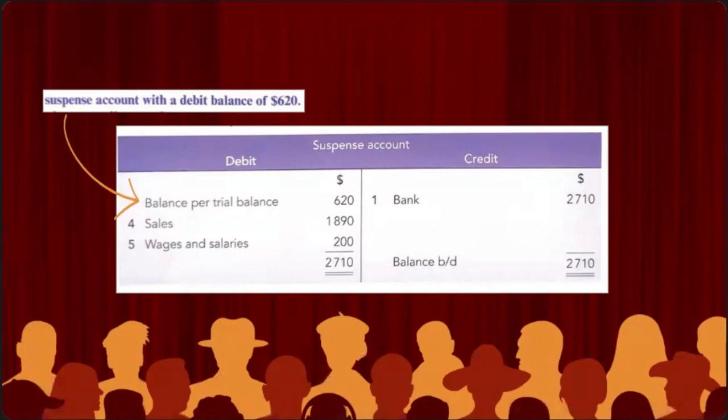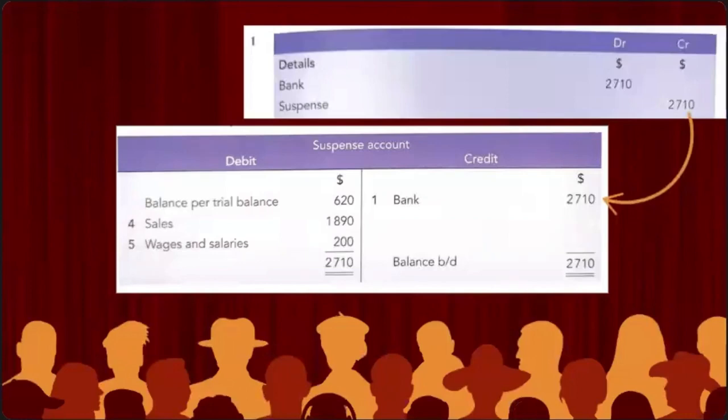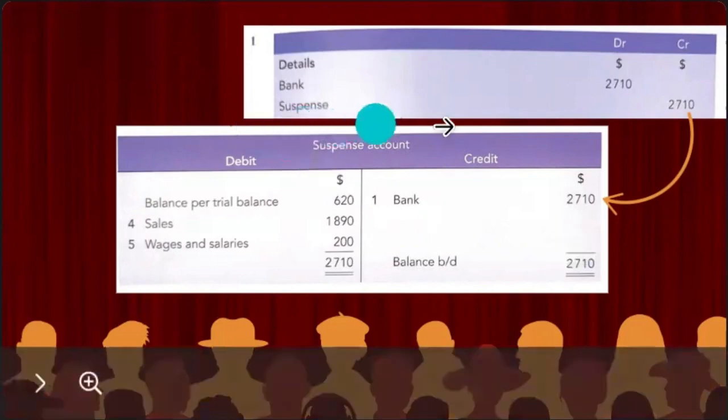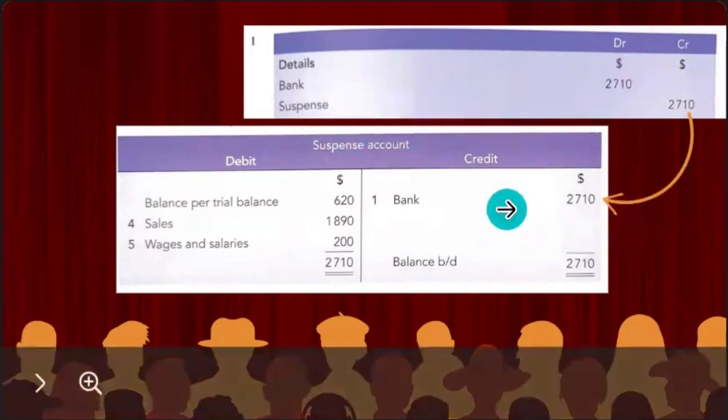This means that the debit side of the trial balance is smaller by 620. And next we record the bank in credit side, which comes from the first error. As you can see here, the journal entry is suspense in credit, so we also put it in the suspense account, also on the credit side.